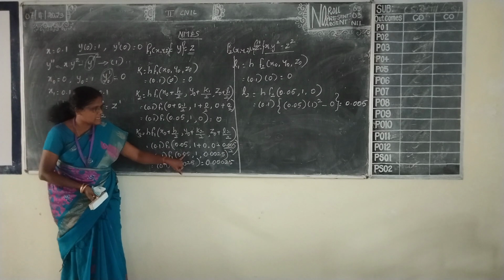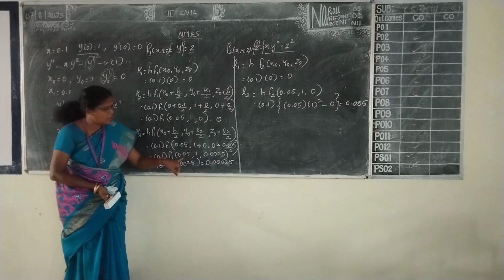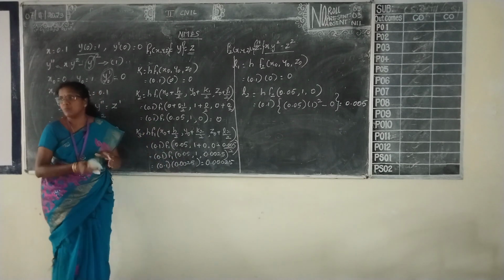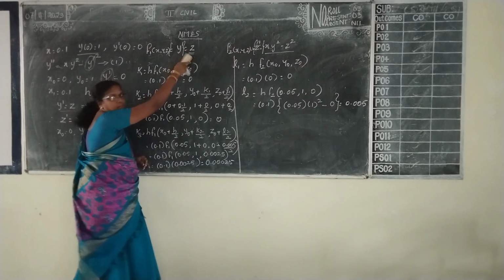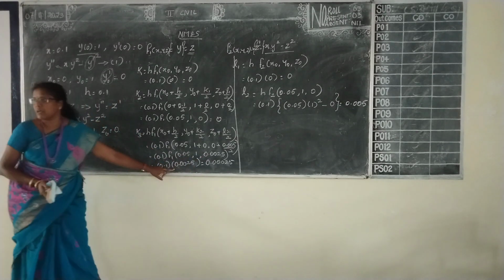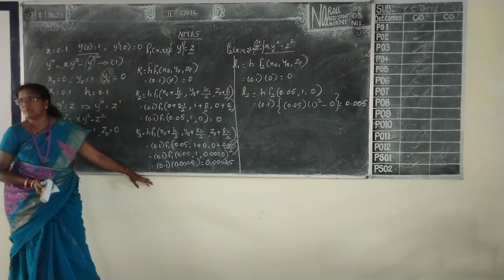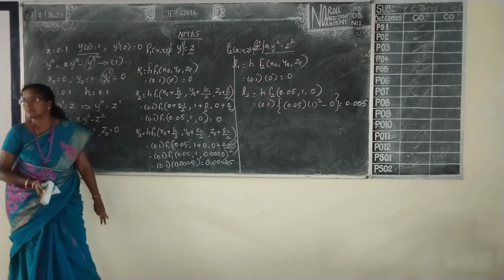You get this x, y and z. This is our new values. Now we have to substitute this in F1. What is F1? Z. So what is the Z value? 0.0025. You substitute the value here and here, same answer now? Any changes?